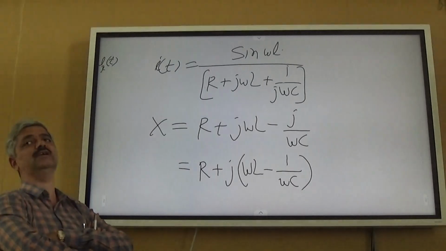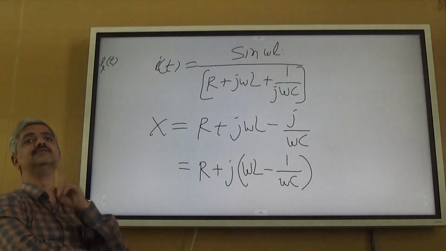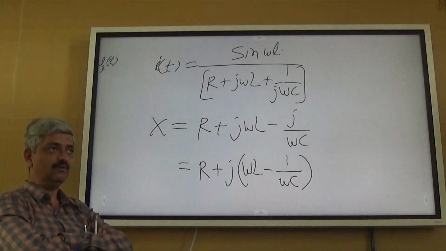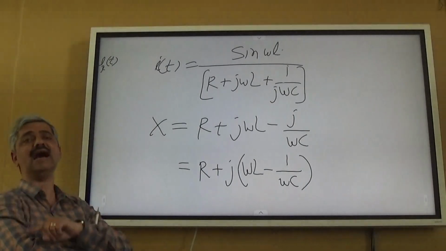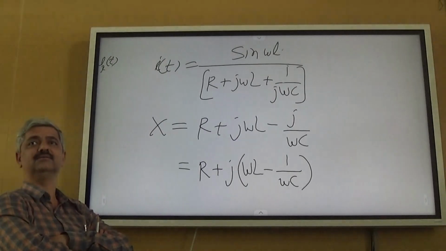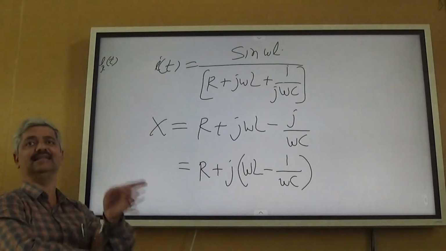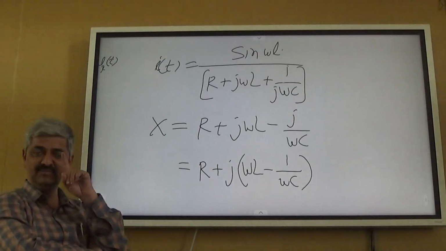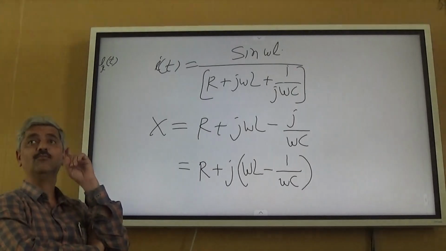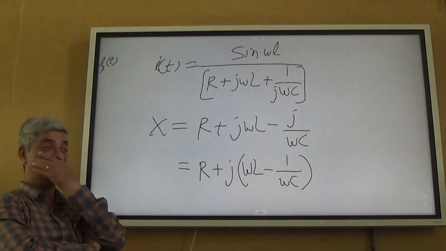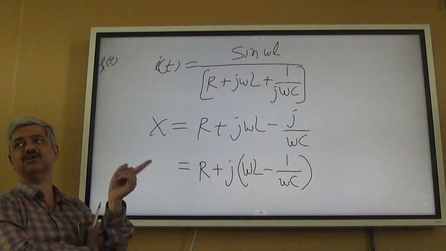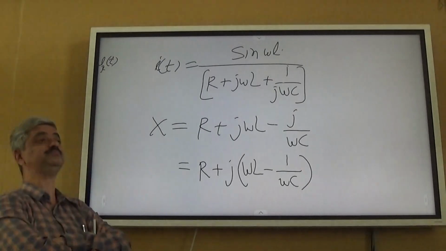When we have a circuit which consists of only C, it is negative imaginary. When we have a circuit which consists of only R and L, the impedance is complex with positive imaginary component. When we have a circuit consisting of R and C, complex with negative imaginary component.